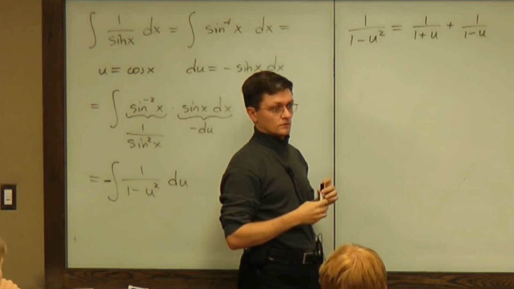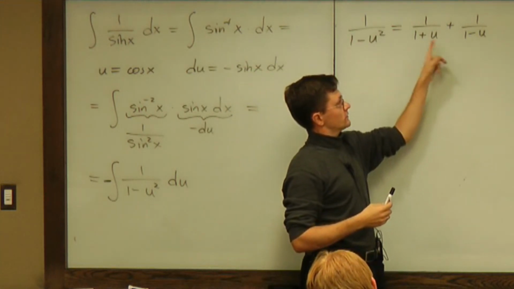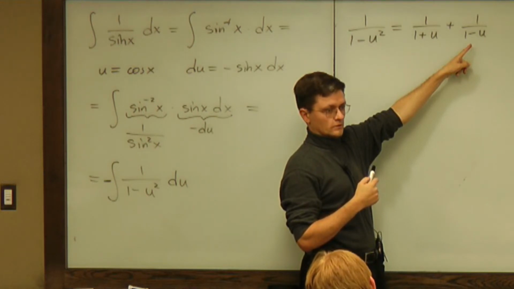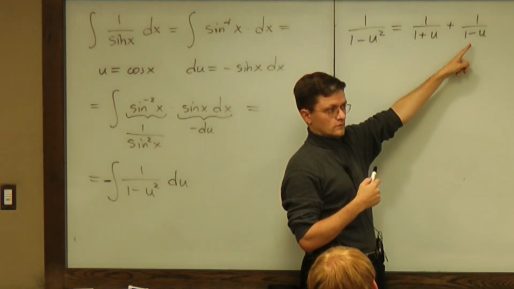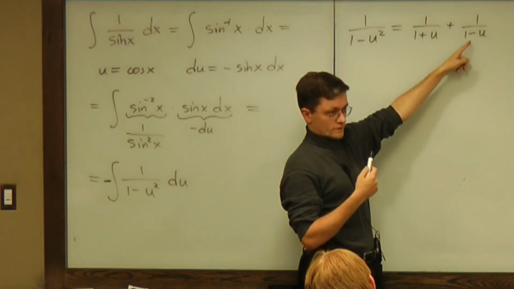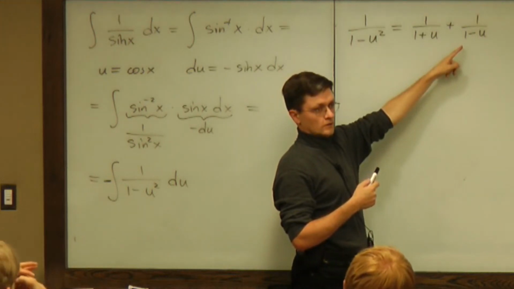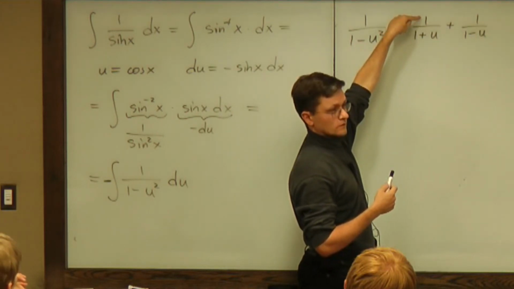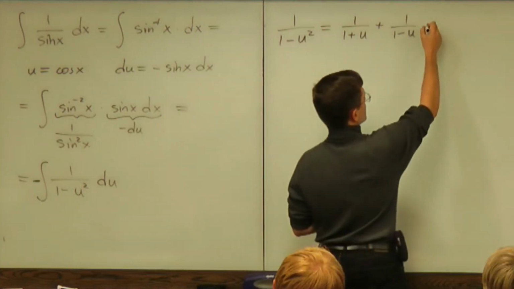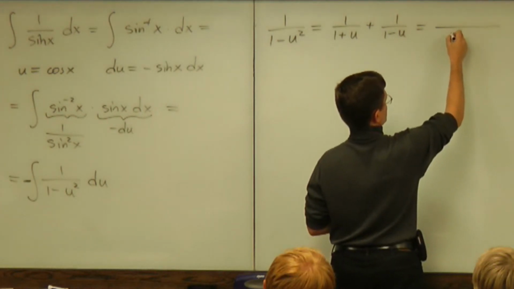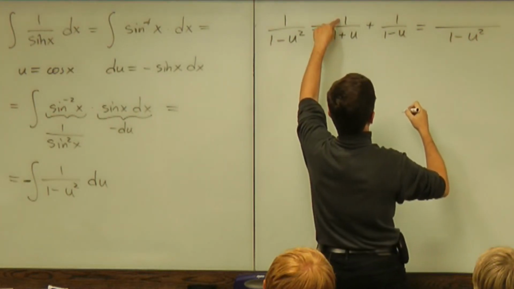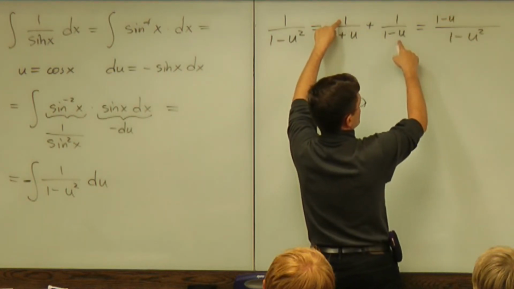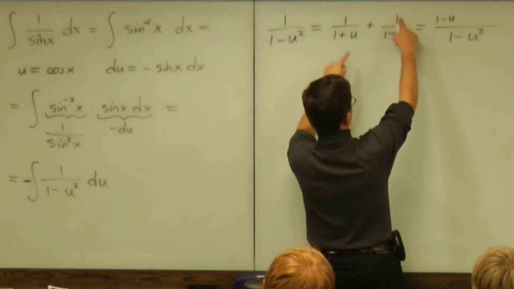Is that true? When you bring this to common denominator, what is that denominator going to be? It's the product, which is exactly 1 minus u squared, right? So as I bring it to common denominator, 1 minus u squared, I will have 1 times 1 minus u plus that 1 times 1 plus u.